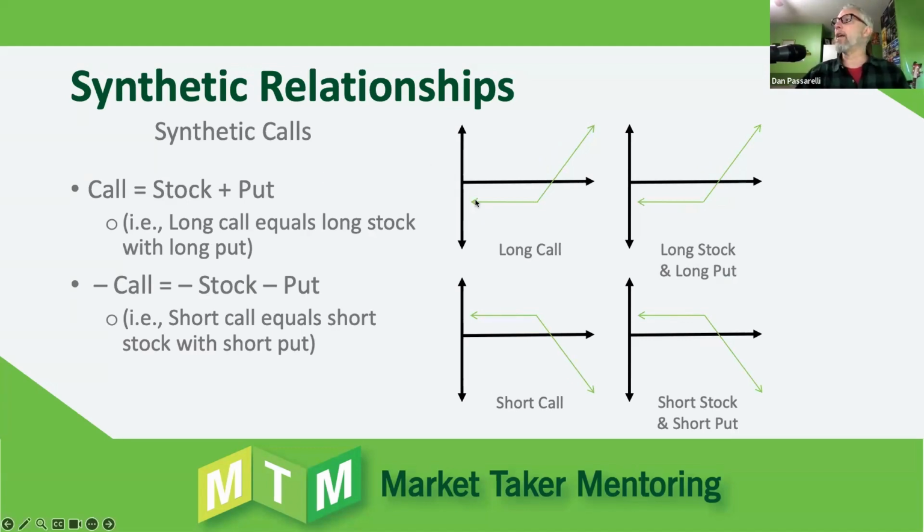And this is what I was talking about before, in that if I buy a call, I can only lose what I pay for the call, but I can have unlimited profit potential. And it's the same thing with long stock and a long put, which is called a married put or a protective put, depending on the timing of when I buy that put relative to when I buy the stock. If I short a call, it's the same as shorting stock and shorting a put, right?